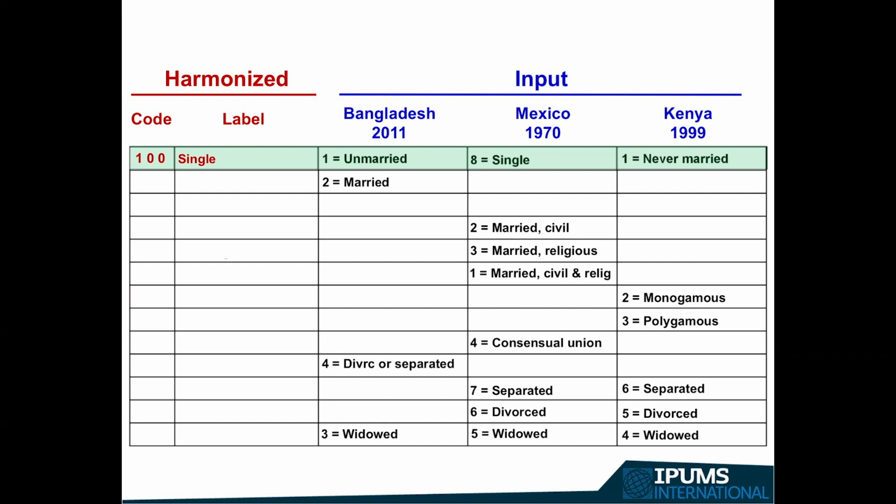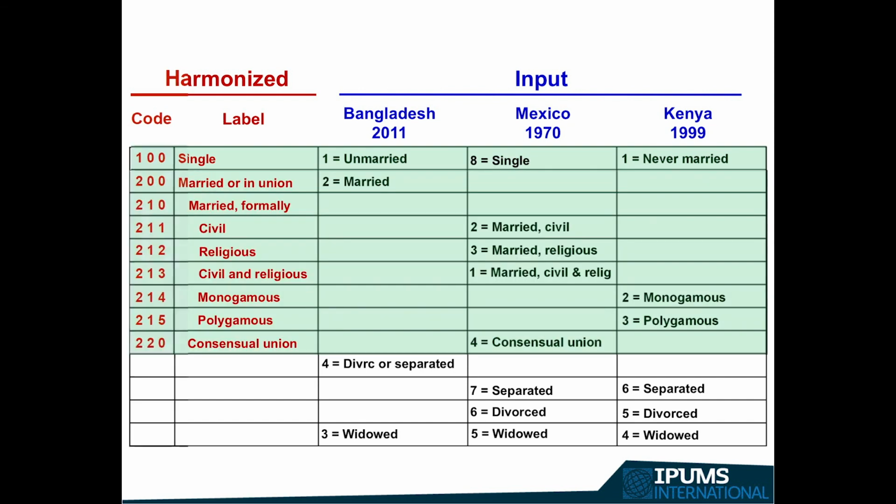So here on the screen, we just see 3, but the idea is that all 365 censuses, and marital status is a variable that is included in almost every census in the world. So in this case, it truly would be across 365 censuses, we would apply this new code 100 to mean single across every census sample in the database.